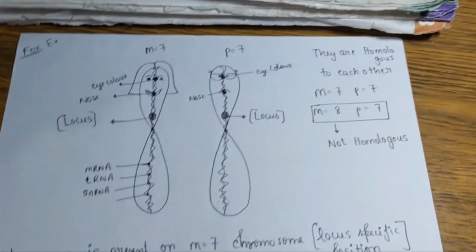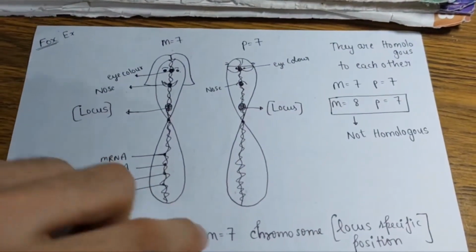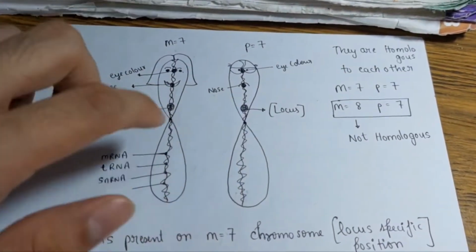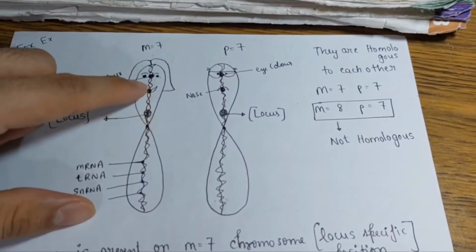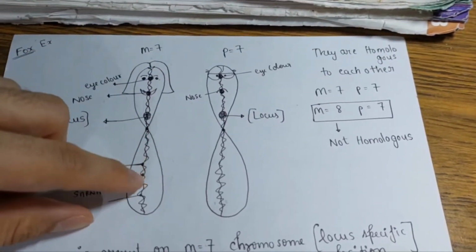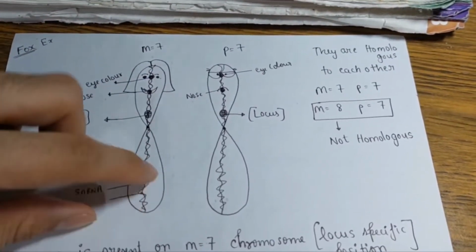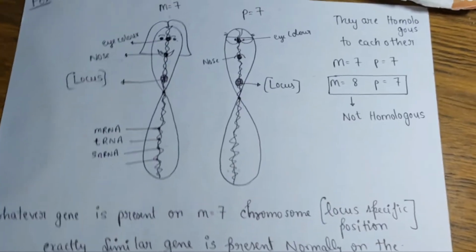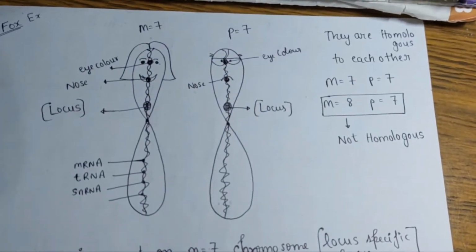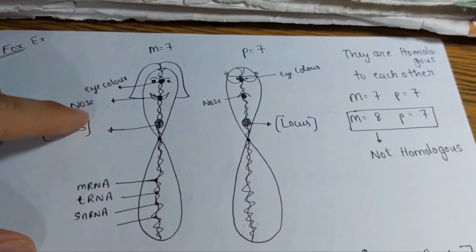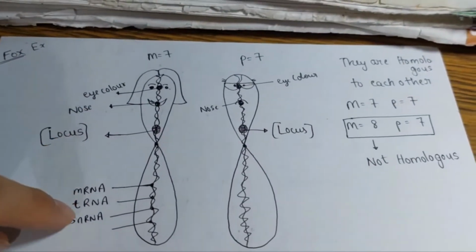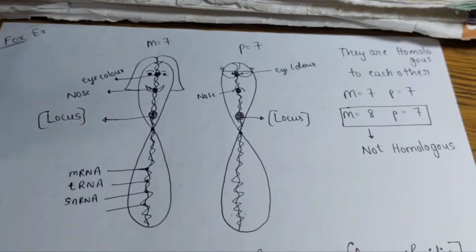So here, if we take an example, this is the maternal chromosome number 7 and this is the paternal chromosome number 7, so they are said to be homologous chromosomes, and these black dots on the DNA or genetic material of the chromosome represent loci. So this locus is responsible for eye color, this locus is responsible for nose, and this one for mRNA, tRNA, snRNA.